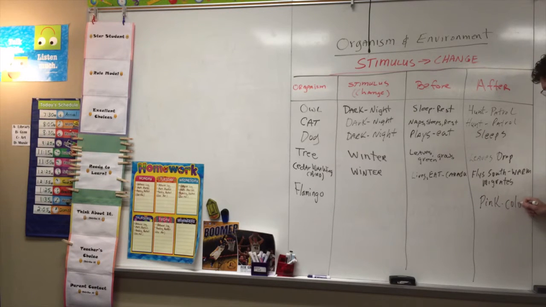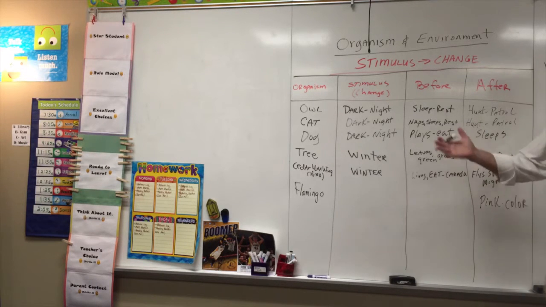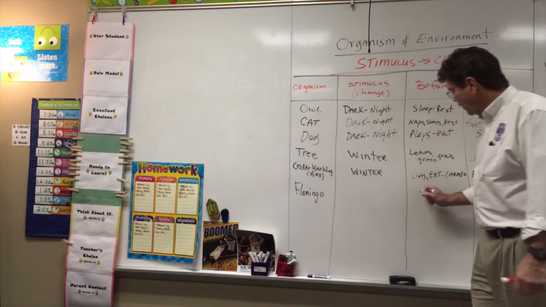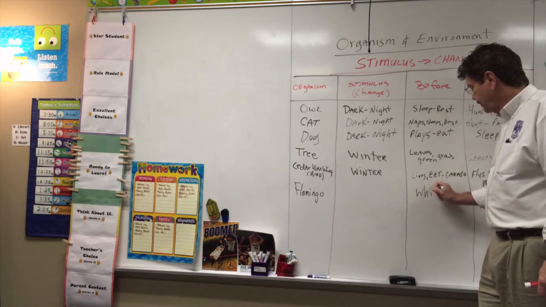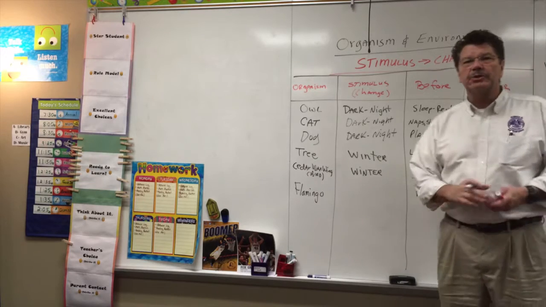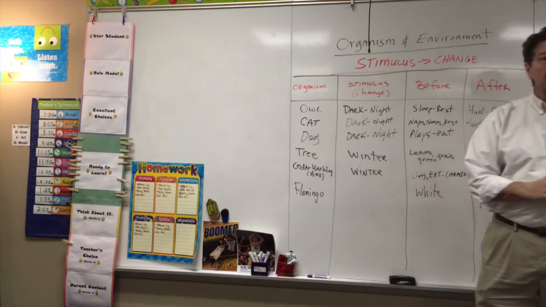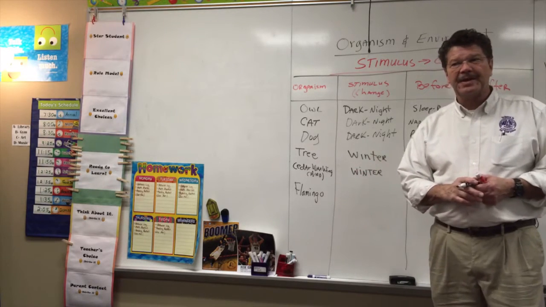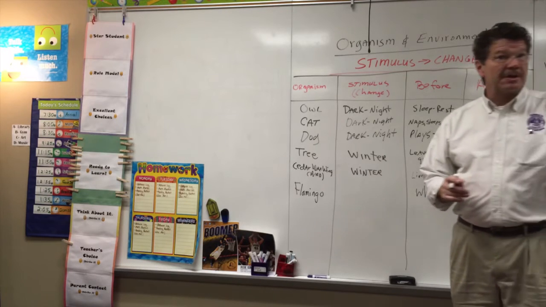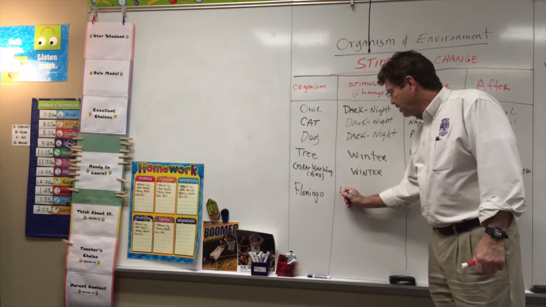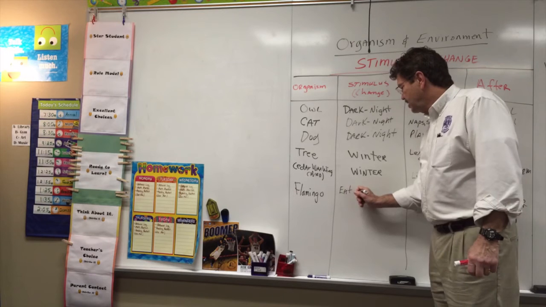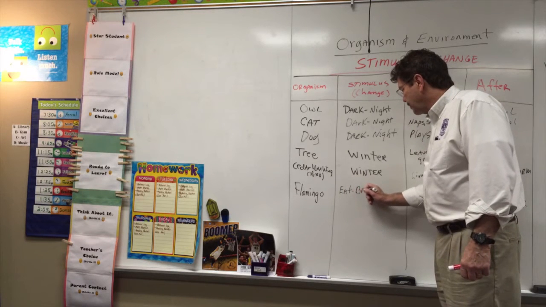Where does it get its color? Before, when they're born, they're white. You can read in your book. What do they eat to turn pink? They eat what's called brine shrimp.